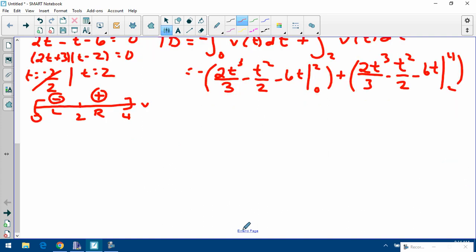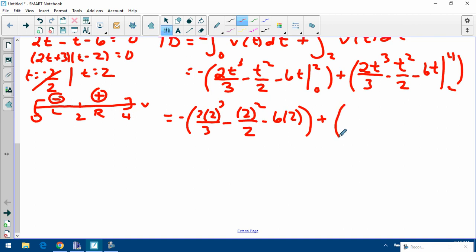All right, so slightly obnoxious because we don't have a calculator. When I plug in 2, this is going to be the negative of 2 times 2 cubed over 3 minus 2 squared over 2 minus 6 times 2. Plugging in 0 is just going to give 0, so I don't have to worry about that.